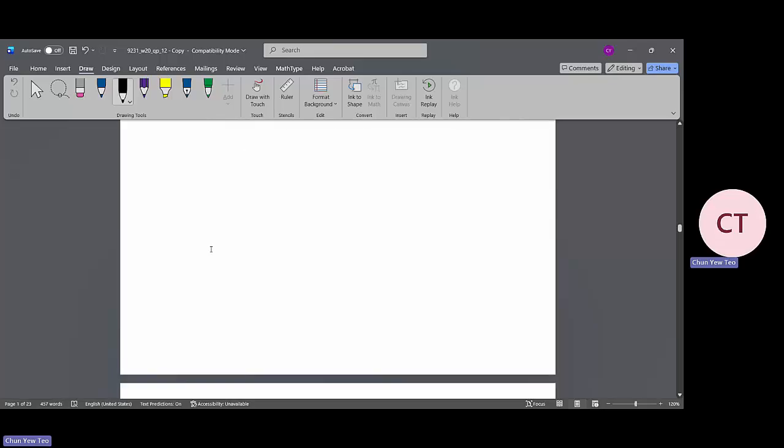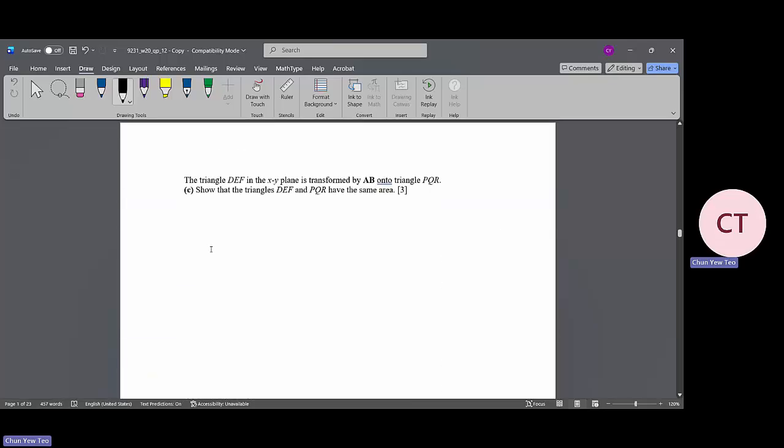Okay, now we move on to part C. They are saying that a triangle DEF in the xy plane is transformed by AB onto the triangle PQR. Show that the triangle DEF and the triangle PQR have the same area. Since it is transformed by the matrix AB, we need to multiply AB.